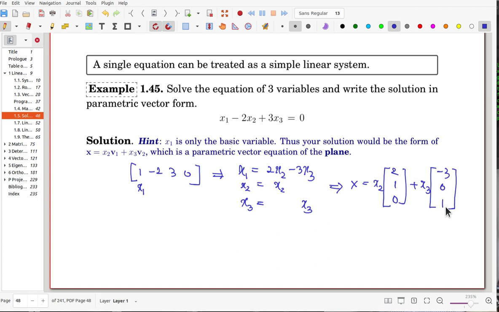So the solution set is a plane including these two vectors. In fact, the span of these two vectors. So it becomes a plane containing these two vectors.